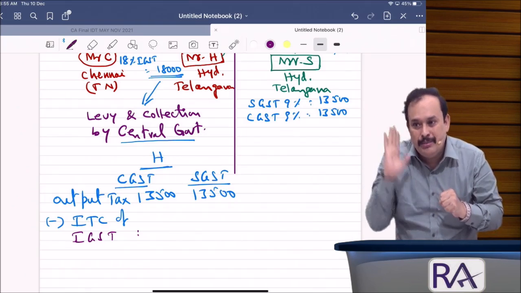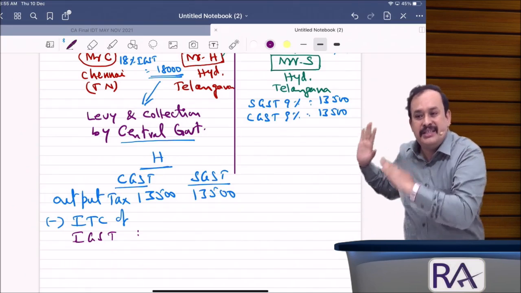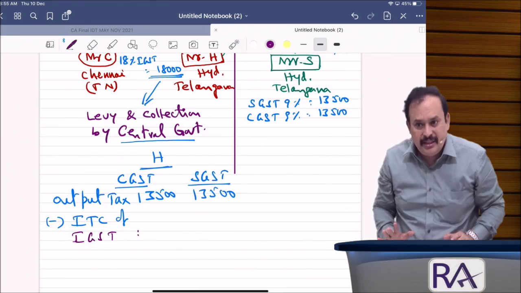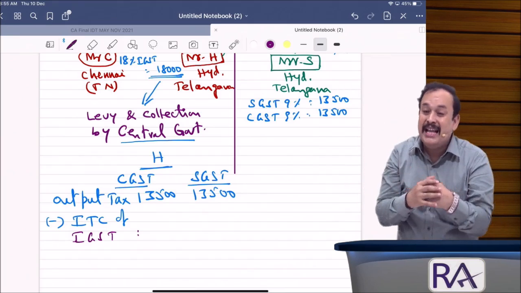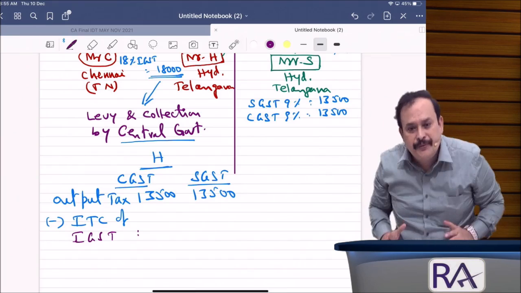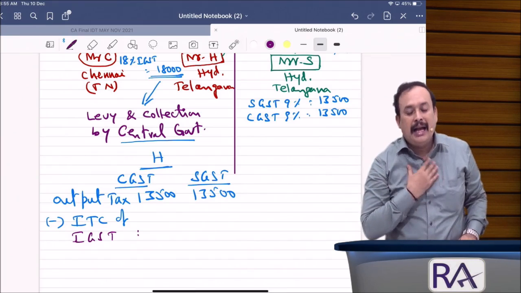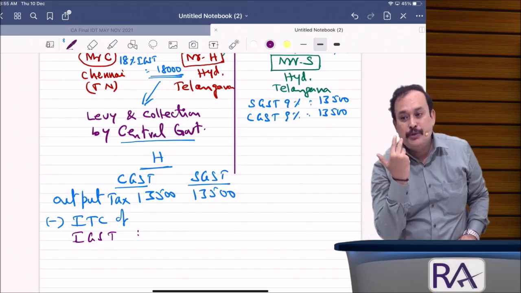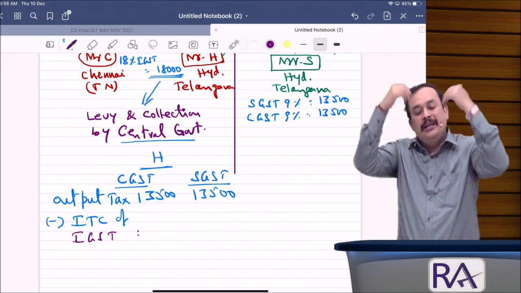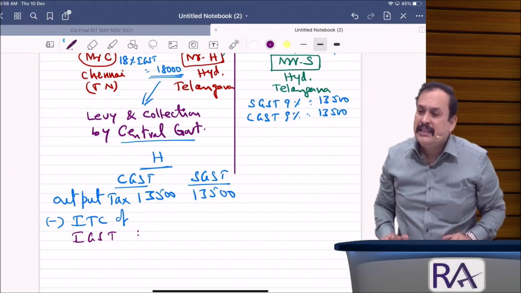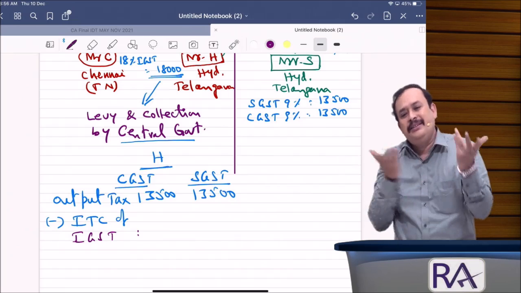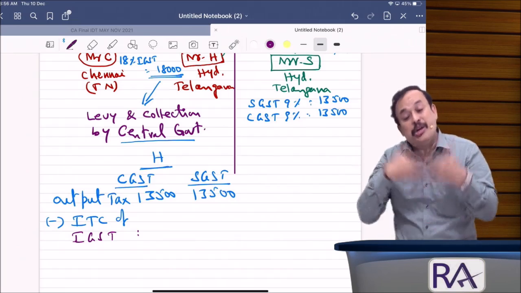So for the time being, understand, my dear, that IGST credit, if you have it, should be set off first to pay your liability. Here I have only CGST, SGST liability. No other liability, only IGST credit is there. This IGST credit I can set off in the manner I like, in the proportion I decide, left to my tax planning. I can set off fully for CGST first. If not, SGST fully first. Thereafter, the other tax. Or equally also.